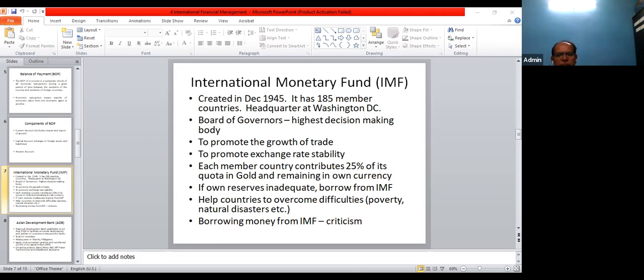Recently the IMF gave one report that in India, during this pandemic situation, the rich have become richer, and the proportion of poor has also increased during this pandemic situation.